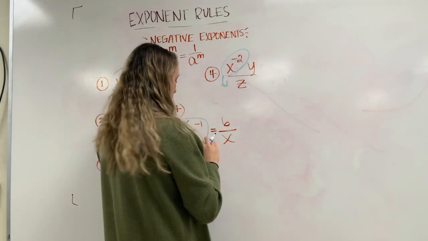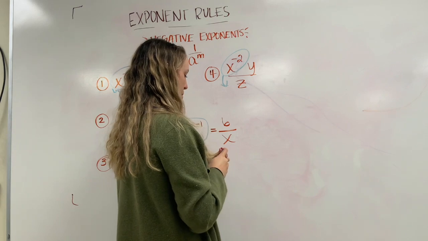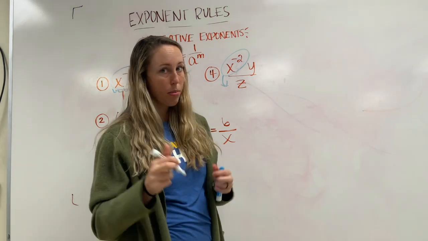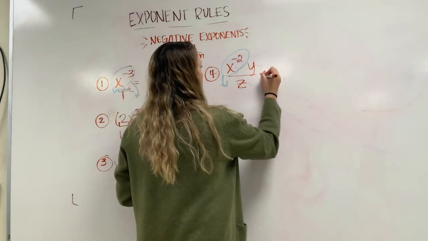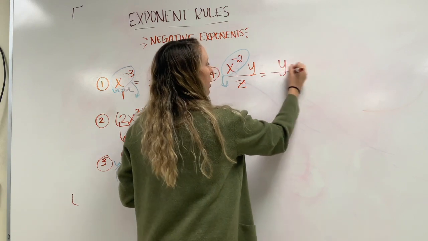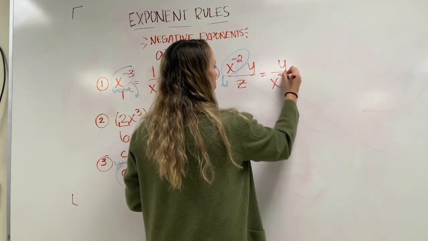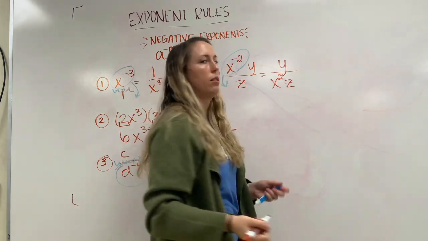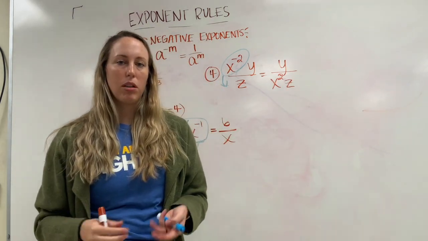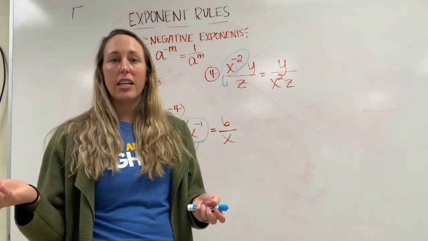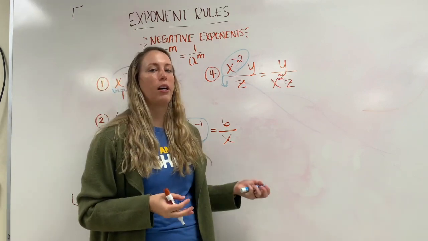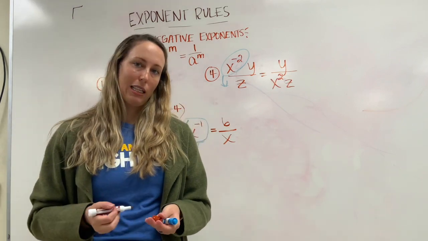We're going to put him underwater because he's burning. That gives us just the y on top, and now we have x squared z on the bottom. Notice that the y and z did not move. They were happy, they didn't have any negative exponents, so they stayed in the same spot. You only move the ones with negative exponents.